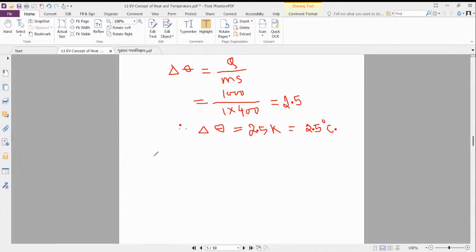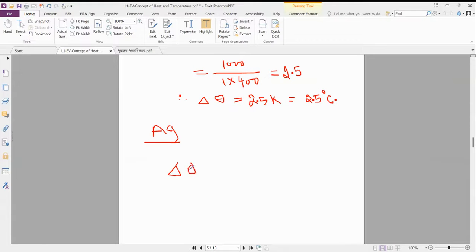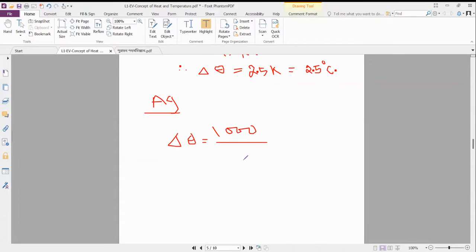Similarly, we can write for silver, temperature change del theta equals 1000 divided by 1 times 230. So here 1000 divided by 230 is equal to 4.34, right?